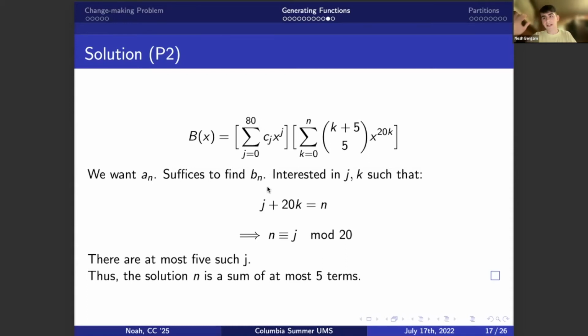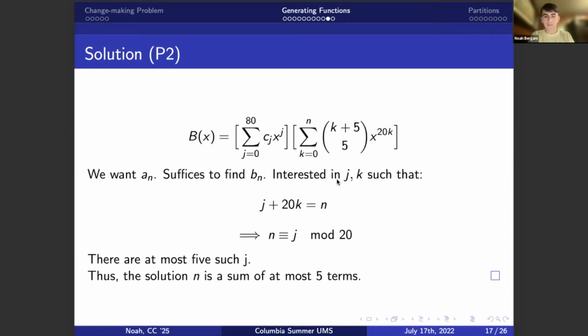So j has a finite range here. So if n is congruent to j mod 20, that means there's finitely many values of j that we can choose from. And if that's the case, that means there's also finitely many values of k we can choose from, right?